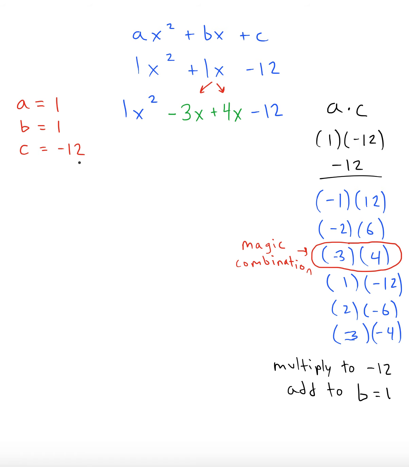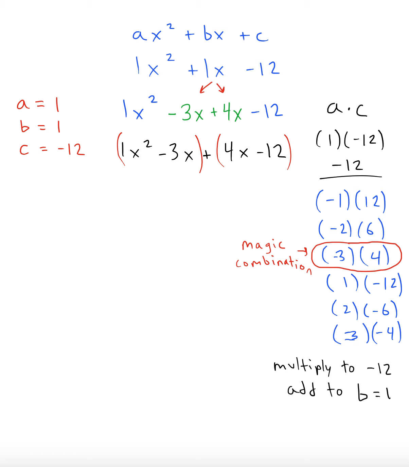So let's rewrite what we have. And if we chose the right magic combination, then we don't have to reorganize the terms or anything. All we have to do is just put parentheses around them in the positions that they're in now. And now we just have to factor out what they share in common.